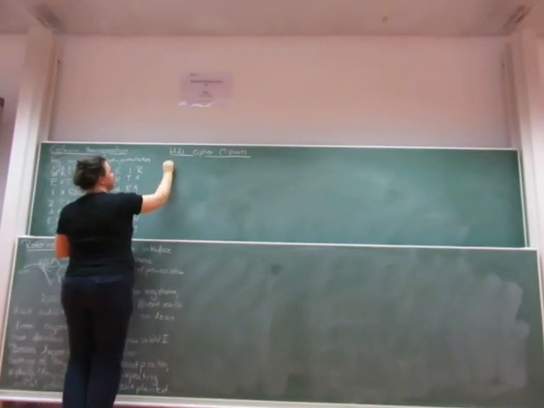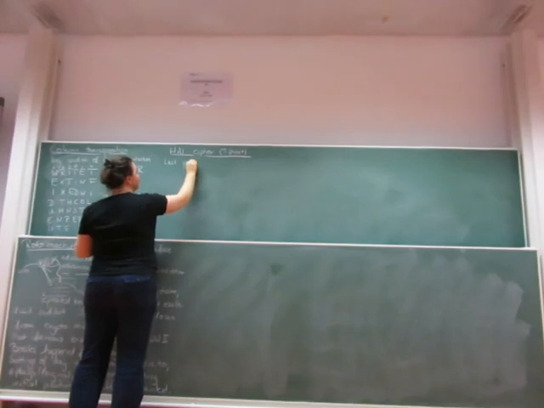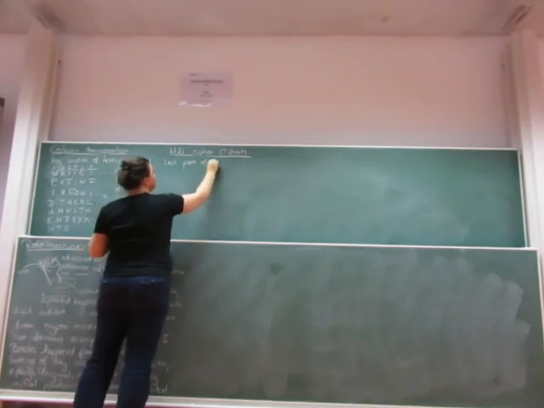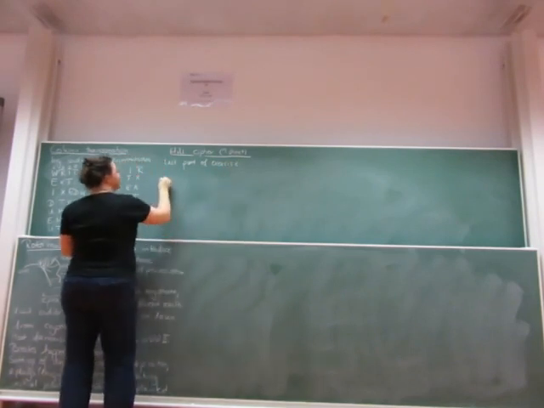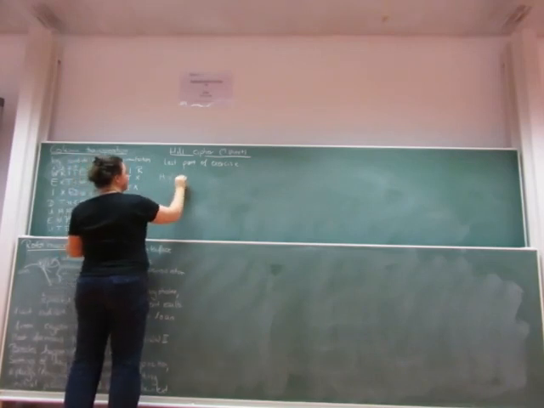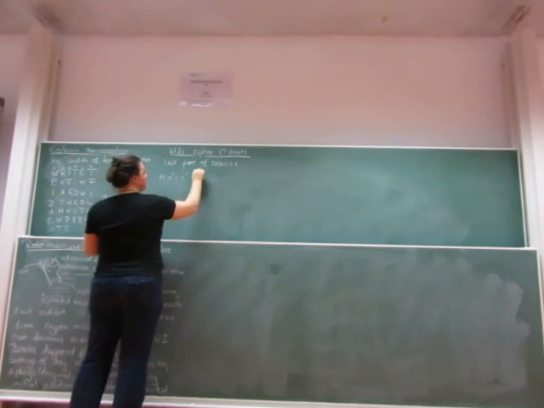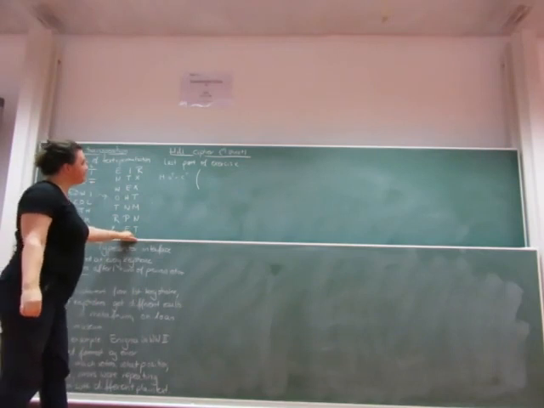So the last part of the exercise says, okay, we have some matrix M, and we multiply it by T transpose, and we get the ciphertext transpose. Our matrix now has 4 entries.